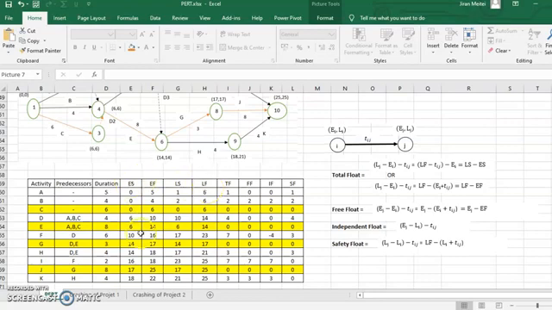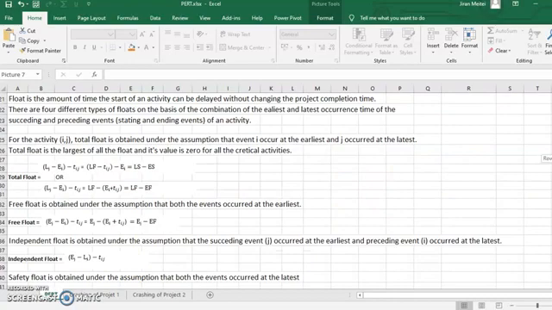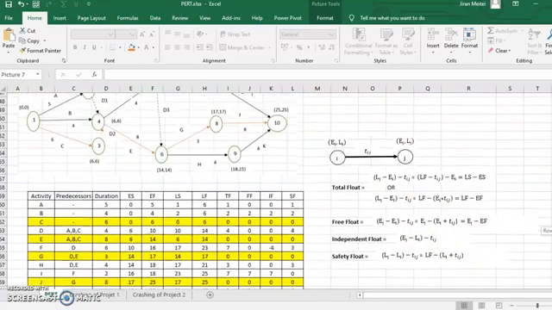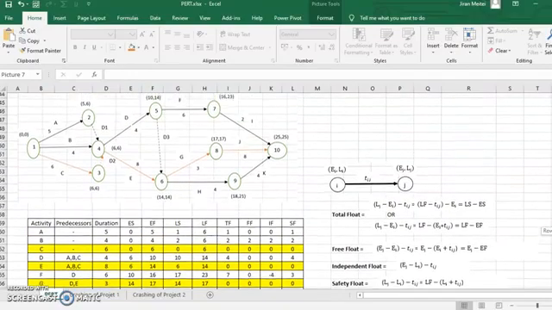The computation of all these was explained in the previous video. So let's come down to this. This is total float, free float, independent float, and safety float. I've copied the formulas over here again so that we don't have to look up the formula all the time.